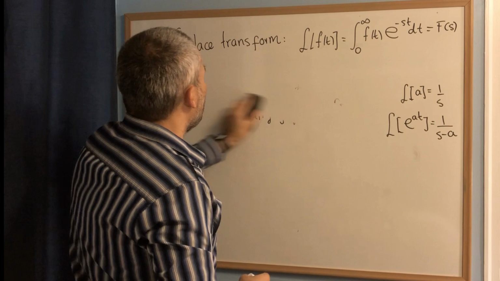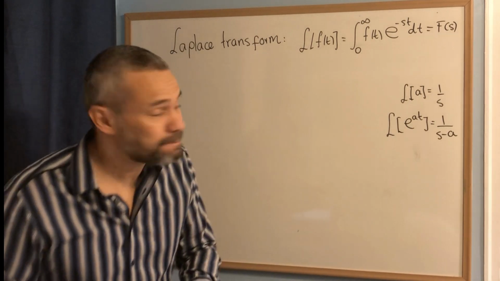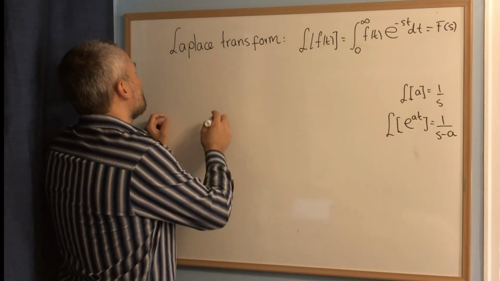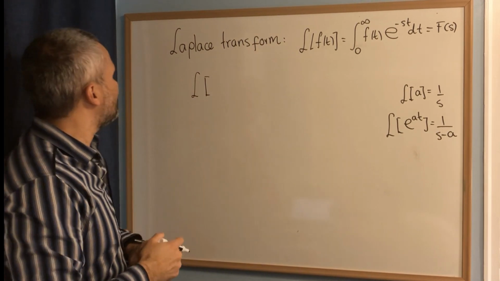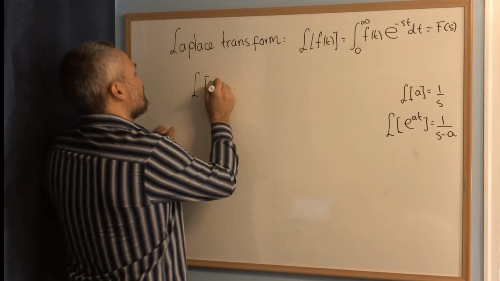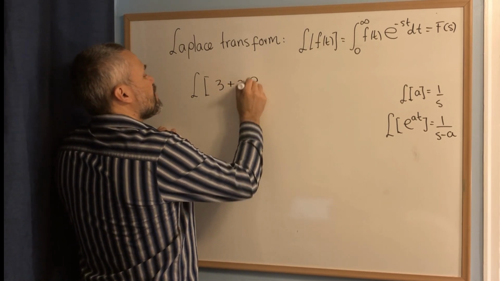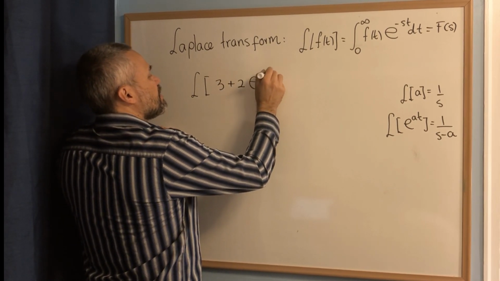Let's practice some exercises. What happens if we want to compute the Laplace transform of, let's say, 3 plus 2 times e to the 4t?